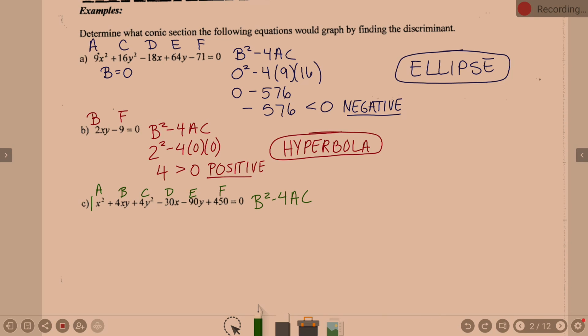What are we doing here? 4 squared minus 4 times 1 times 4. 16 minus 16 is 0. What do you know about a 0? It's a parabola.